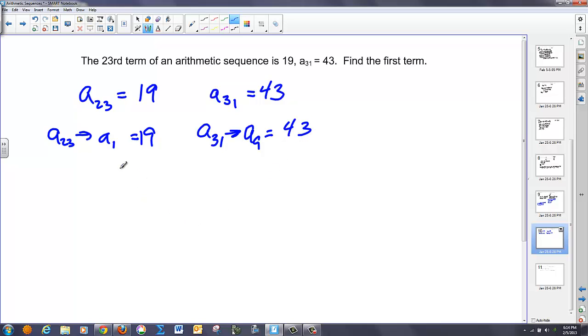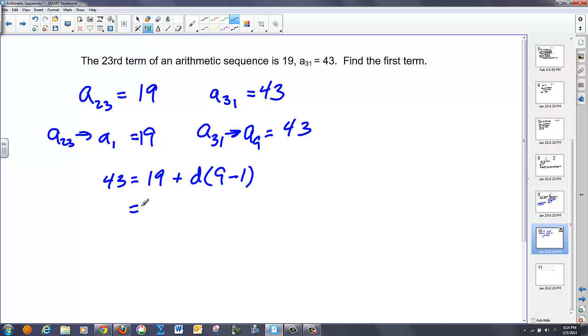So now I have a first term and a 9th term. I should be able to find the common difference relatively easily. So I say, well, 43 is equal to the first term, which is 19, plus the common difference, which I don't know. But now I have this new subscript for 43 of 9 minus 1.